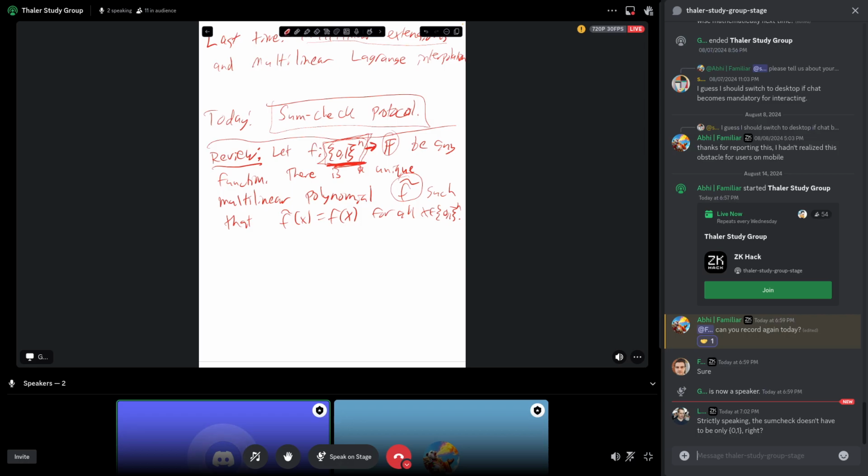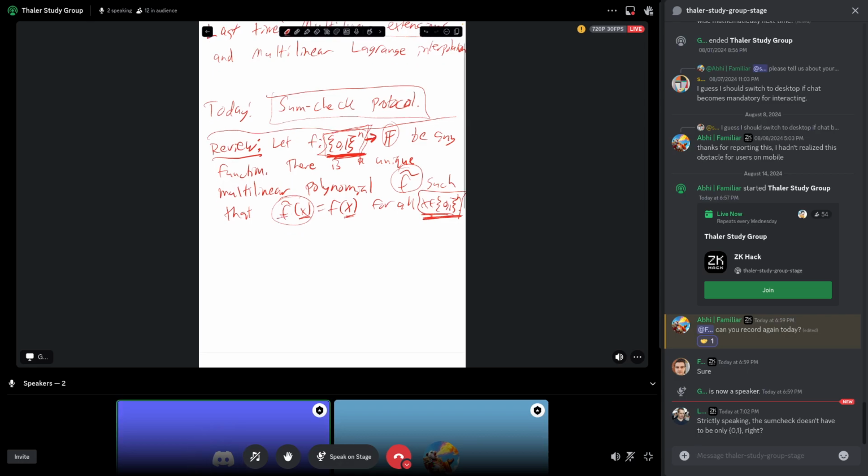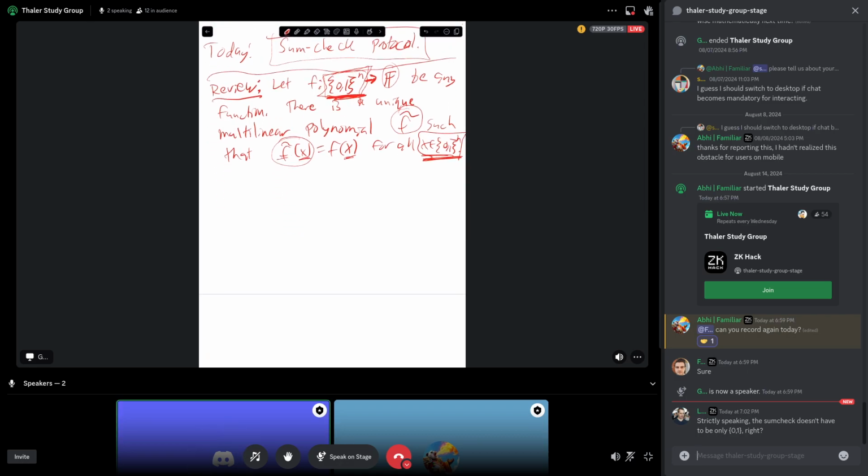And by extends f, what I mean is if you evaluate the polynomial at any point x where the original function is defined, so that is at any point x in the Boolean hypercube, the polynomial spits out the same thing that the function itself does.